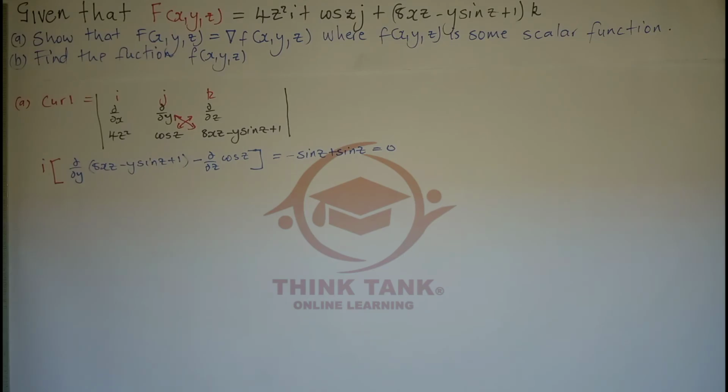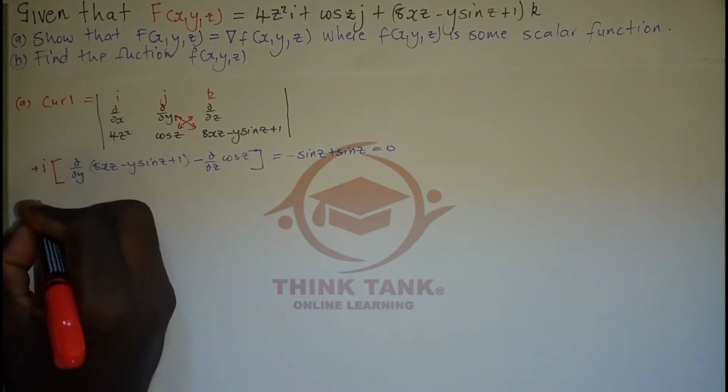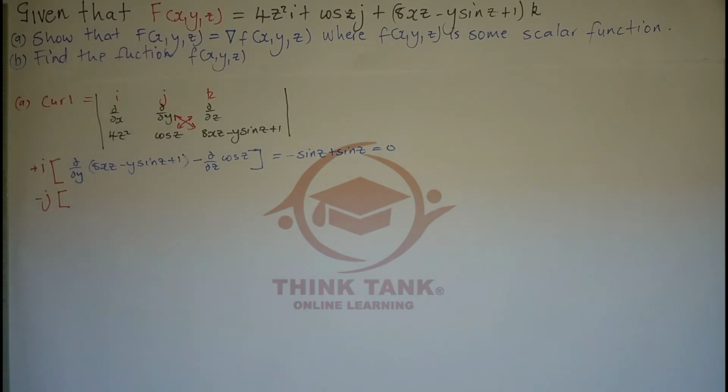Now let's move on to the j component. For the j component we have a negative sign.